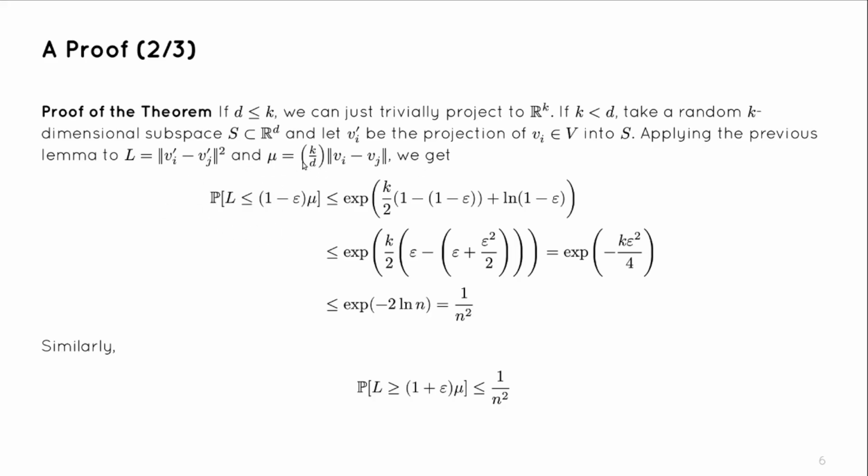Then we get that the probability that this squared length is smaller than 1 minus epsilon times mu, and we apply the lemma from the slide before, and if we do some manipulations, a lot of these basically involve standard properties of the logarithm and so on, we end up that this probability is smaller than 1 over n squared. And similarly for the other side, the probability that L is greater than 1 plus epsilon times mu is also smaller than 1 over n squared.